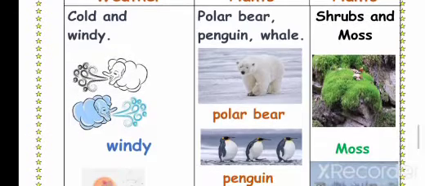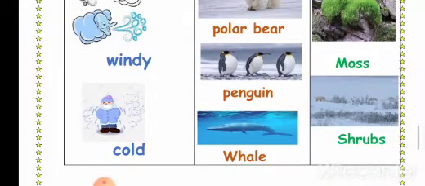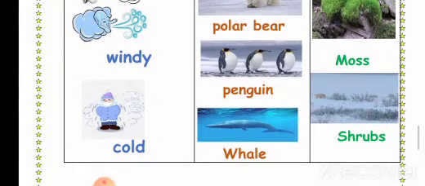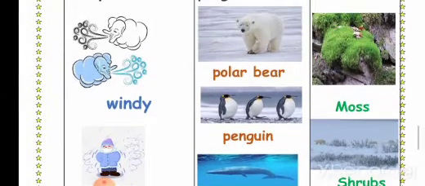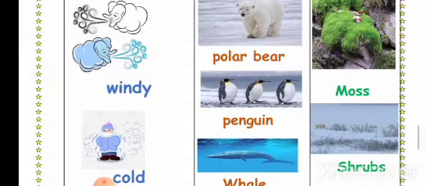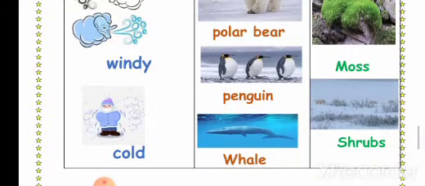The animals that live in the polar habitat are polar bear, penguin, and whale. The plants found in the polar habitat are moss and shrubs. Moss like this, shrubs like this. Shrubs means small trees.